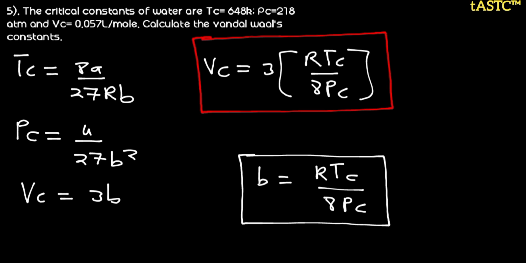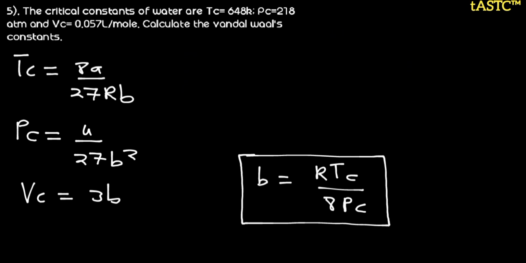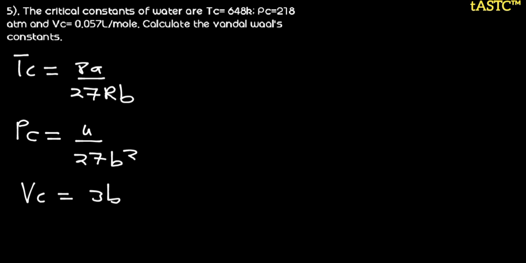So having done that, let us go back and solve the question for the day. So we need to find out what the van der Waals constants a and b are. For the first one, we're just going to start with b. This is the simplest. So Vc is equal to 3 multiplied by b. Therefore, b is going to be equal to Vc divided by 3.